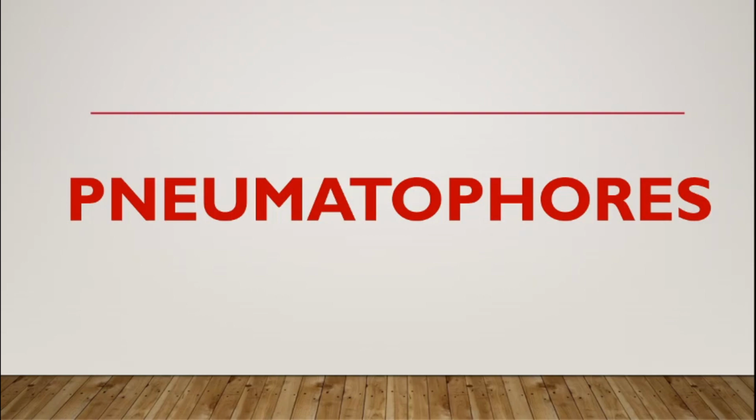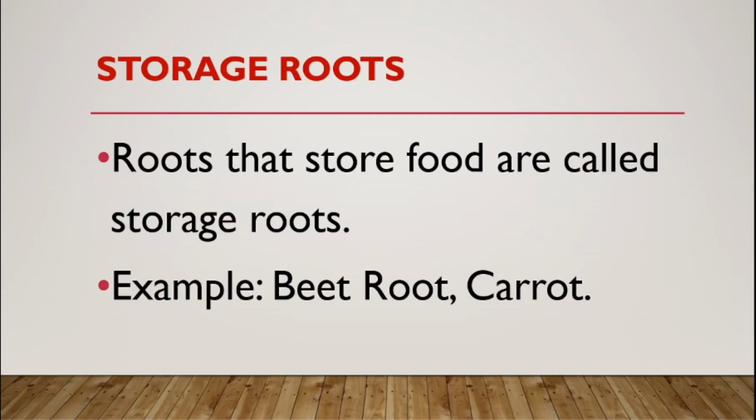Now we are moving to the next section, that is storage roots and underground stems. So let us see what are storage roots. Roots that store food are called storage roots. And the examples are beetroot, carrot and many more.